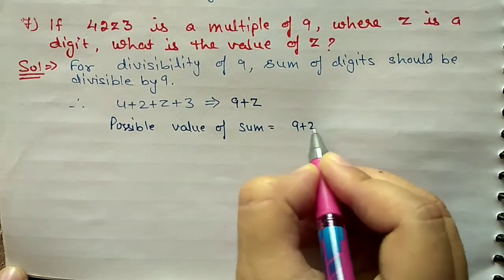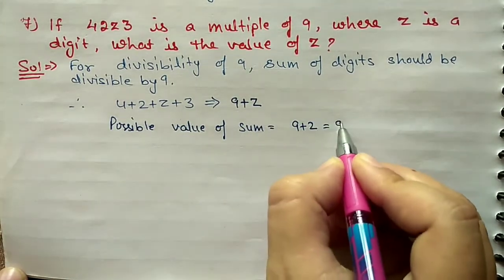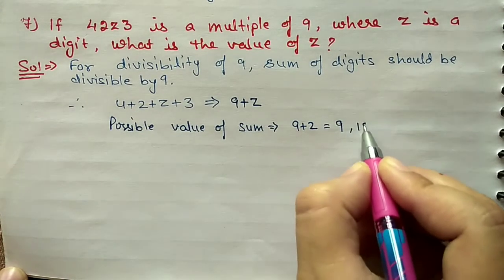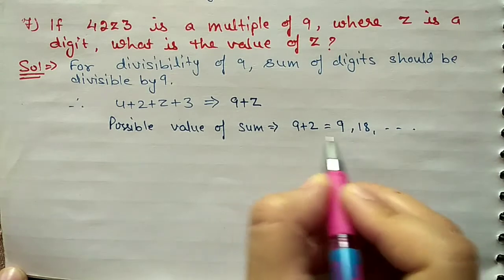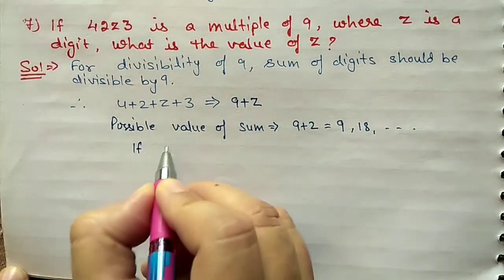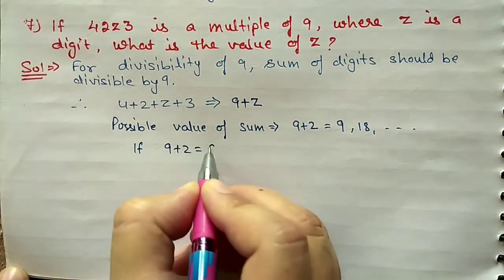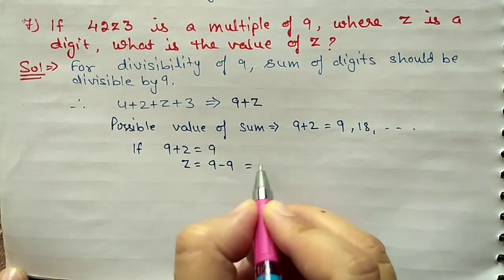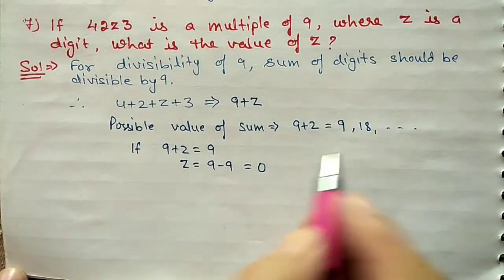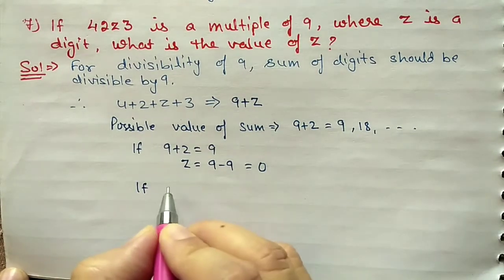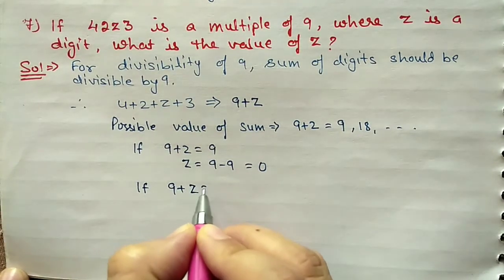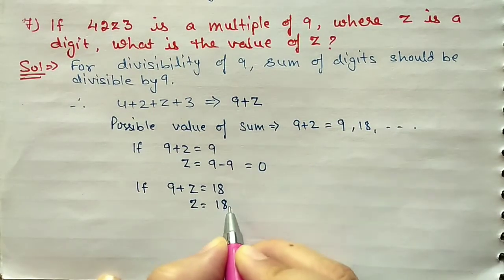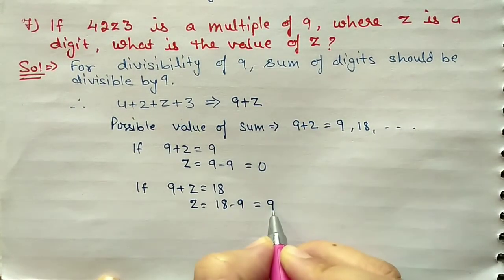9 plus z. First multiple of 9 is 9, so we can compare it with 9. We can compare it with 18 and so on. So if we compare with 9, if 9 plus z is equal to 9, in that case z value will be 9 minus 9 is equal to 0. And if we compare with the second number, if 9 plus z is equal to 18, in that case z is equal to 18 minus 9, which is equal to 9.